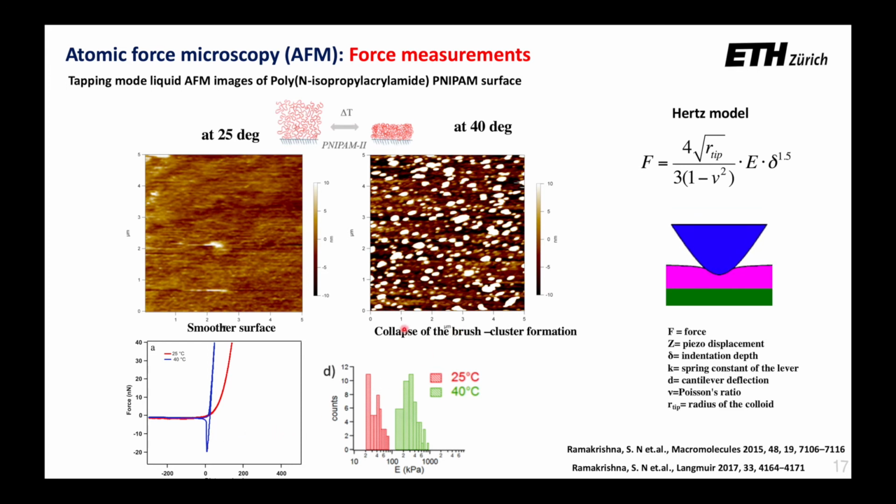Also, by fitting this region of the curves, you can extract the elastic modulus, here by using the Hertz equation. As you can see here, at 25 degrees it is relatively soft, and at 40 degrees the elastic modulus increases by an order of magnitude.